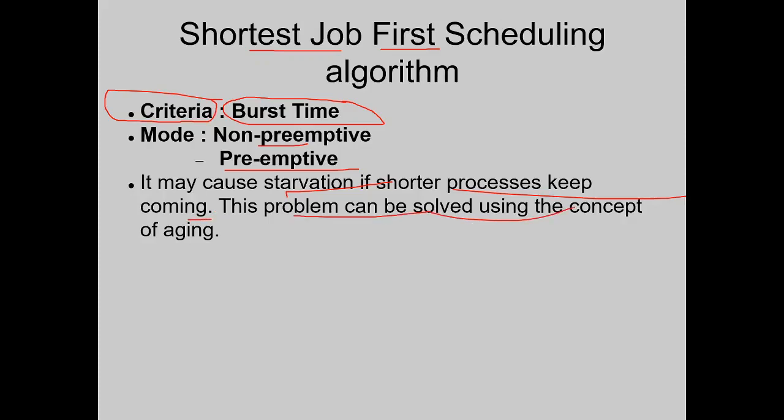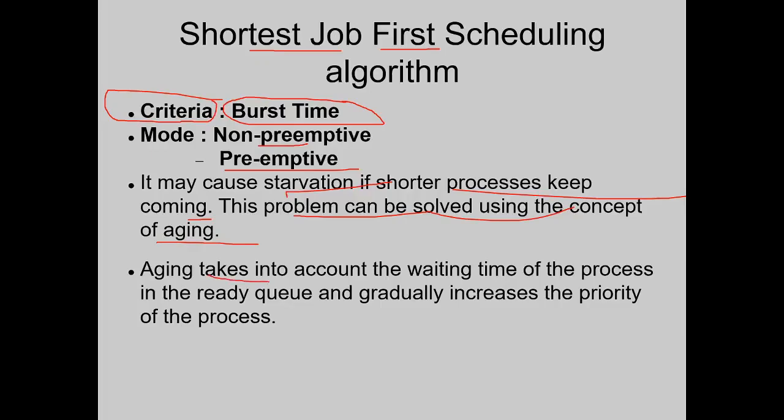This problem can be solved using the concept of aging. In the aging concept, the process which is waiting for a longer period of time in the ready queue, its waiting time will be considered and its priority will be increased, so that when the priority of that process increases, automatically it will get executed.